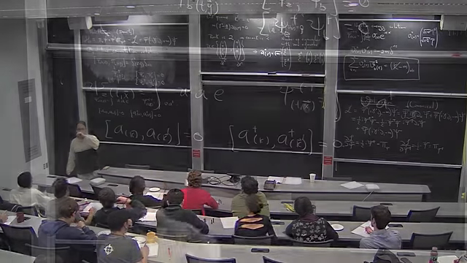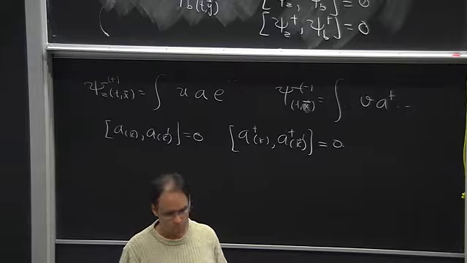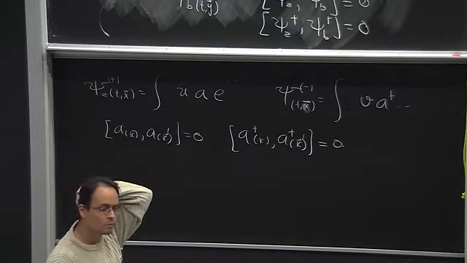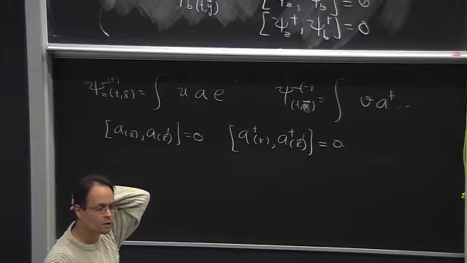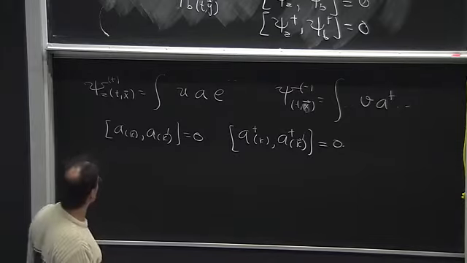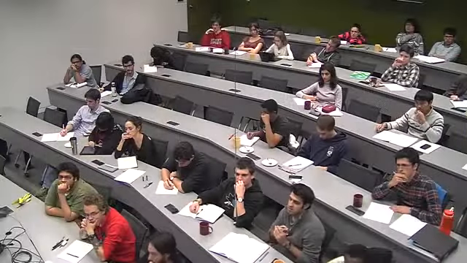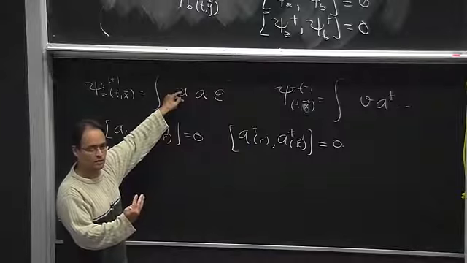What do you think? Yes. So, before, when we were talking about quantization, the mode amplitude became the creation annihilation operator. So in this case, why do we have a U and an A? Why don't the U's just become...? Oh, the U is like the epsilon in the gauge theory field, right?